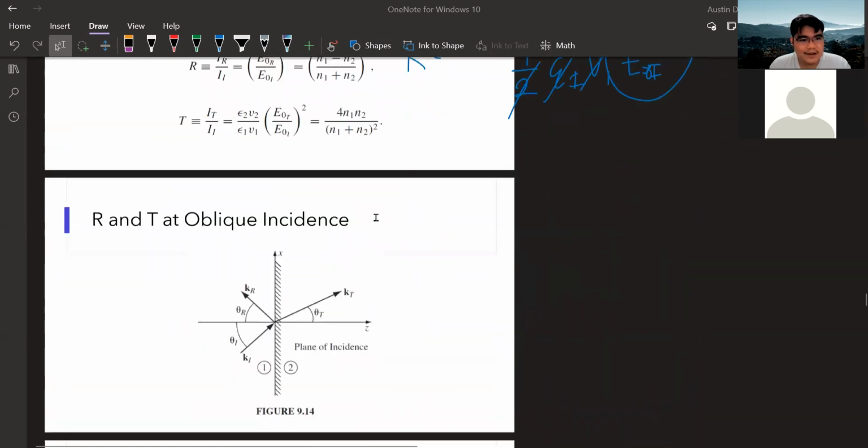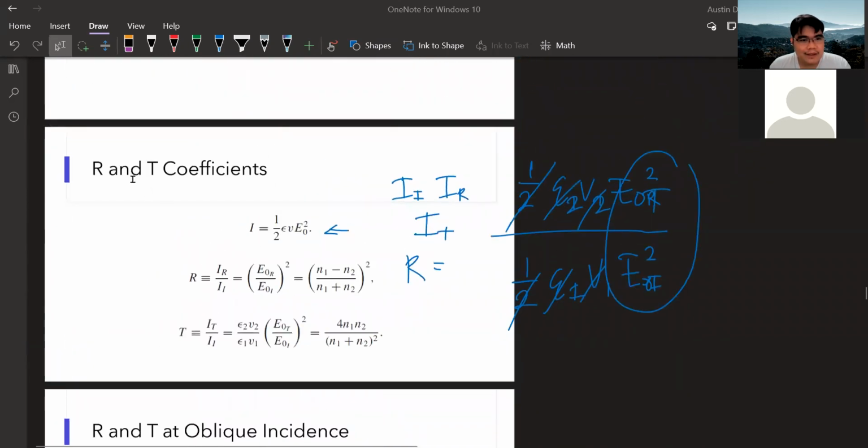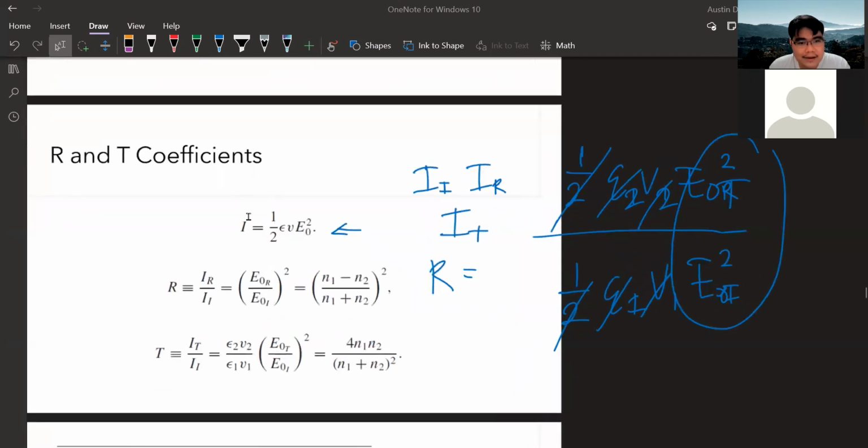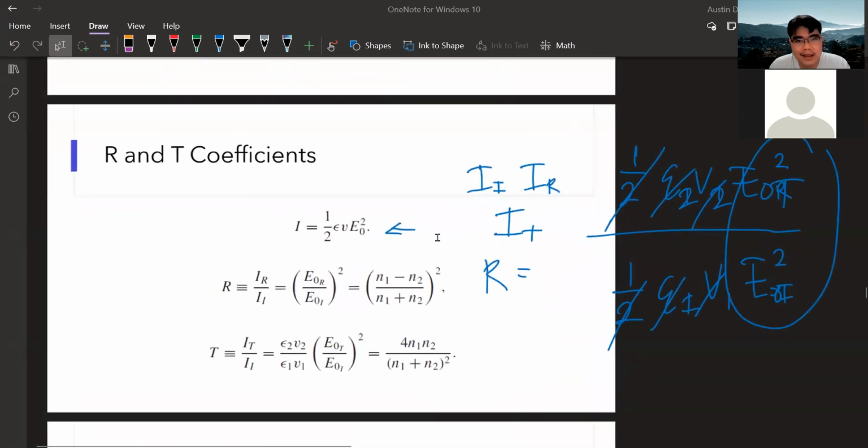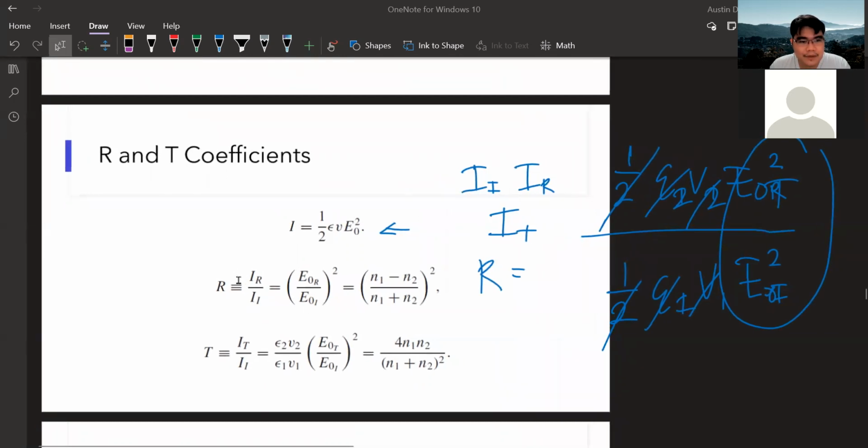Sorry. Now, ang kailangan natin would be the R and T coefficients, which are the reflection and transmission coefficients. To do that, ang kailangan mo is yung intensity. And then yung intensity mo magiging tatlo din dahil meron ka incident, transmitted, and reflected. Okay? So for R, yung definition ng R would be the relative intensity between reflected and incident.